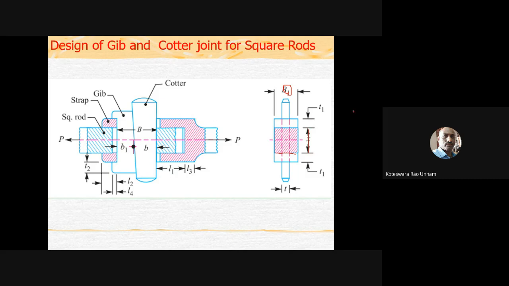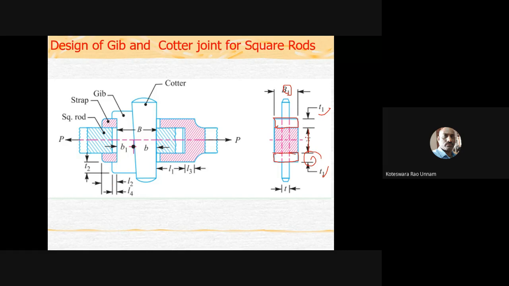He has taken this one as the thickness of the strap. From now on they are not diameters, because they are not circular cross sections. So this is the thickness of the strap you need to calculate. This is T1, and it is uniform on either side, so this side is also T1 only. So you have to calculate T1 for the strap.